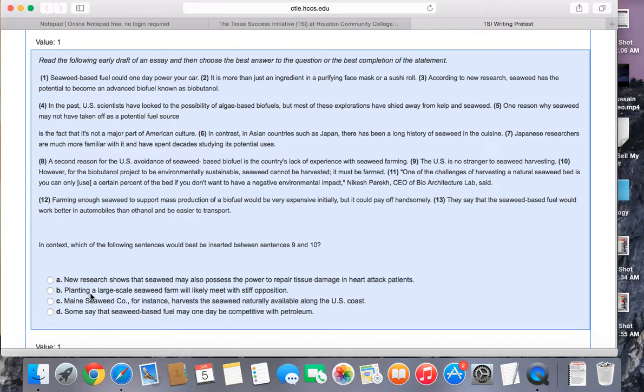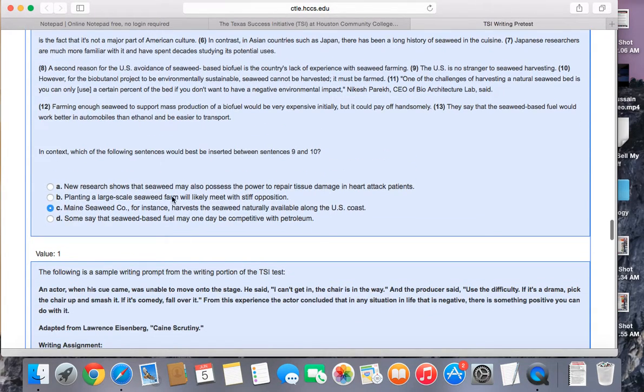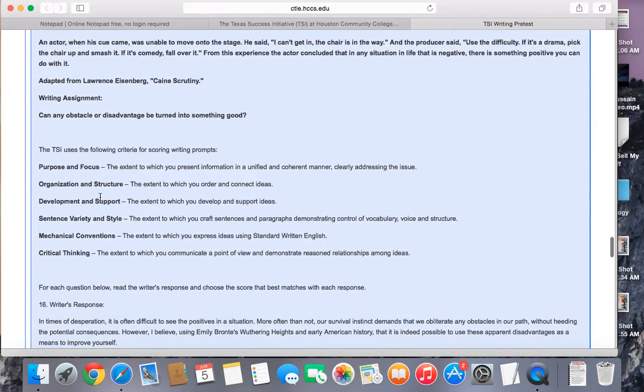Oh, okay. But look, Green Co. harvests seaweed naturally available across the US coast. Nailed it. This is way out of the box, somewhat in the box, but not the perfect choice.